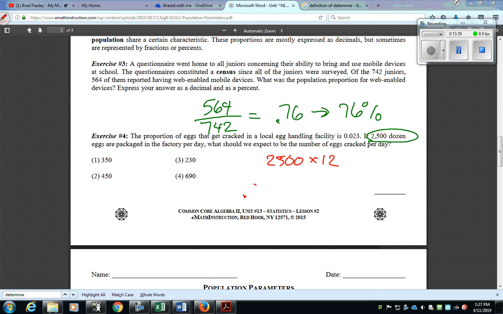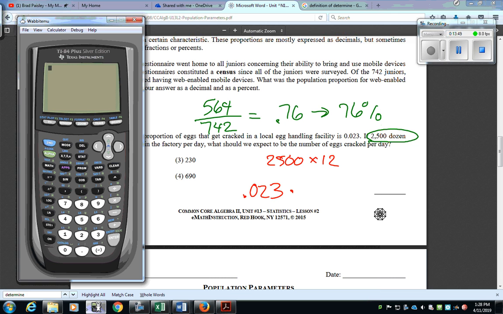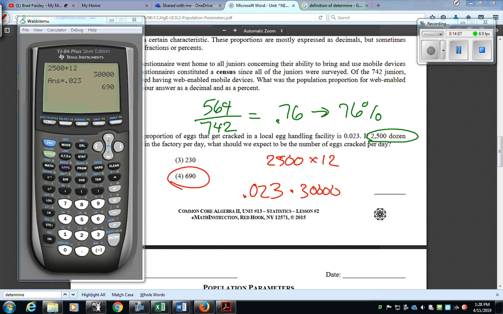So we have to multiply that by our 2,500 dozen. So it's 30,000 eggs. And then you want to figure out 0.023, which is 2.3% of that number. If we multiply that by the 0.023, that gives us the answer of 690. So we have 690 eggs out of the 30,000 we would expect to have a crack in them.